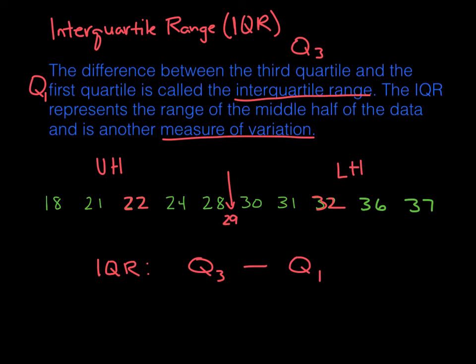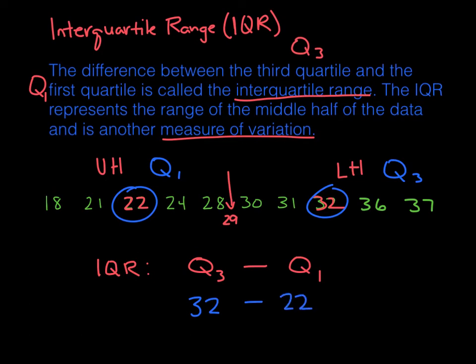Now let's plug in the numbers. We have 22 and 32. This is my Q3, this is my Q1. So Q3 is 32 minus Q1 is 22, so my interquartile range happens to be 10. So it's just another measure of variation.